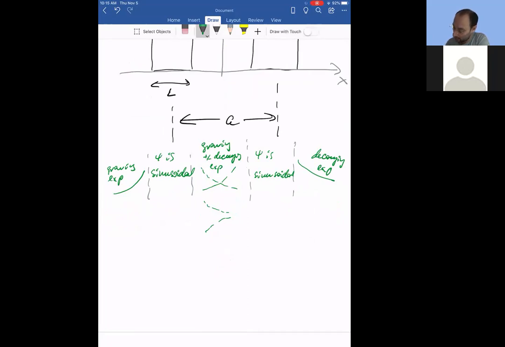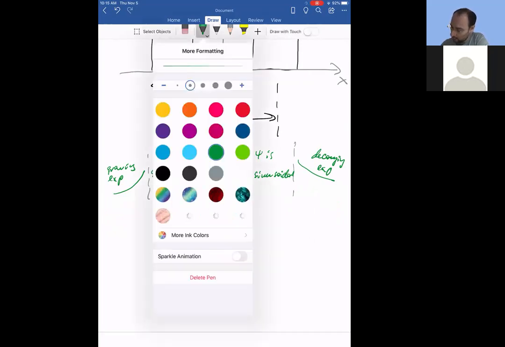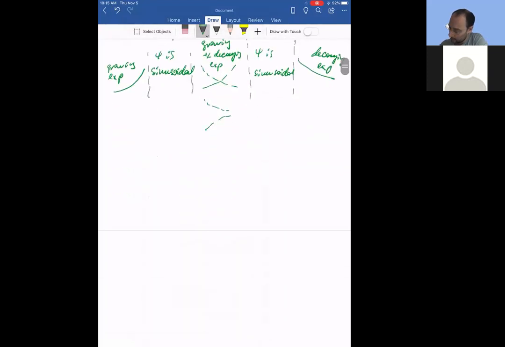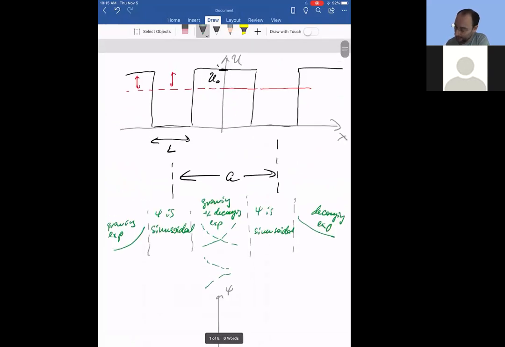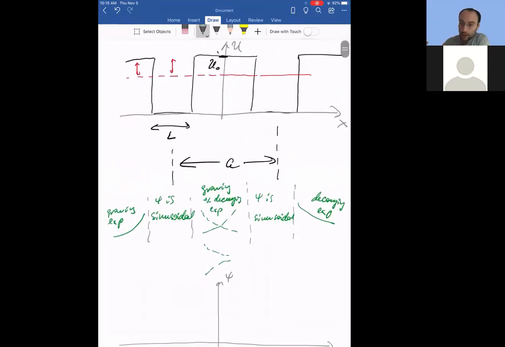Here's possibility number one. What I'm going to do is draw the axes for the wave function. I want to note, while I'm at it, that the potential energy is one animal and the wave function is a different animal.